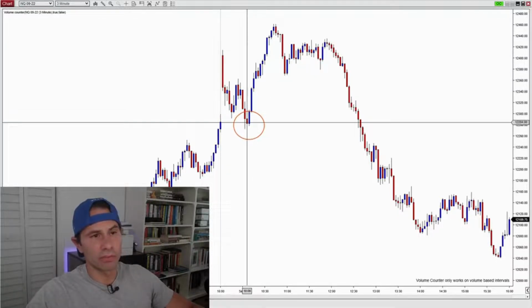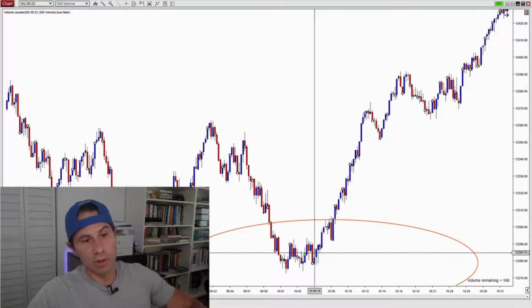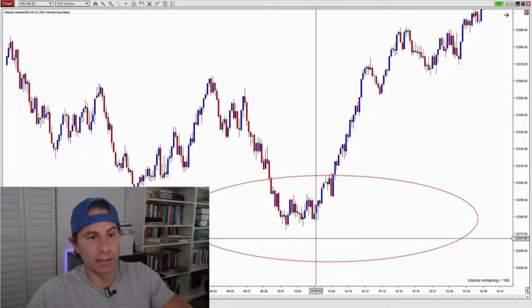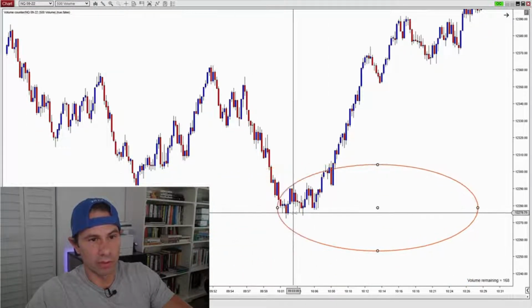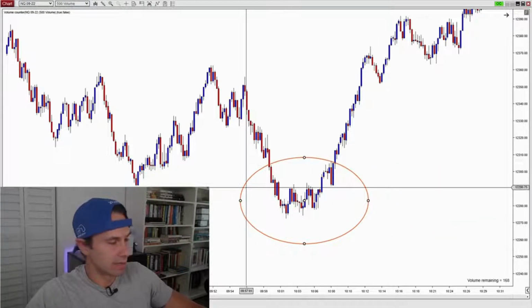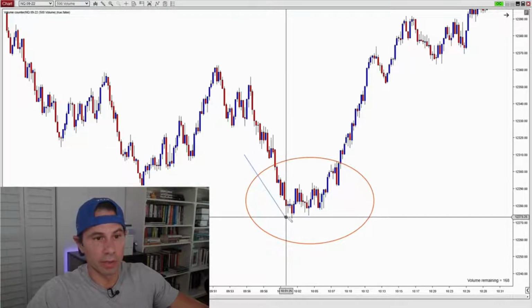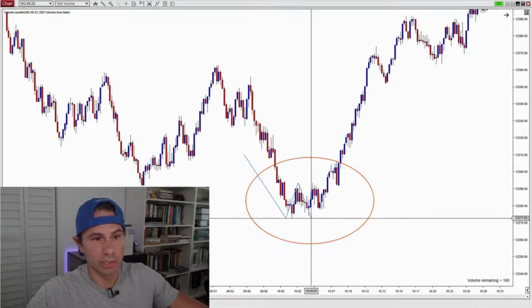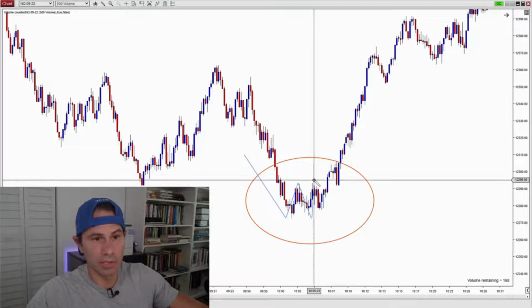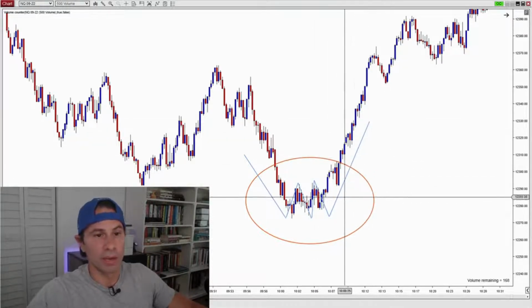But I don't stay here. The lower time frame that I use to trade is the 500 volume bar, and I can spot, and this is the circle for the 3-minute, right? So I can spot a classic W pattern, and this is a reversal pattern. So I come here, rejected, came down, rejected again, and finally it broke to the upside, right?